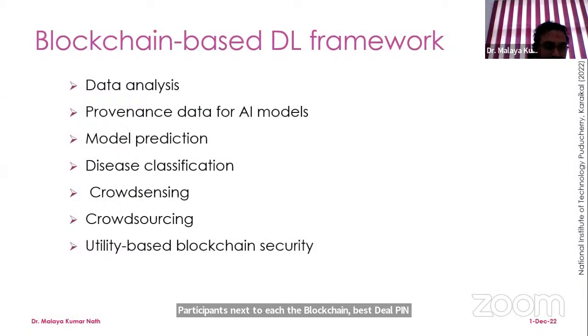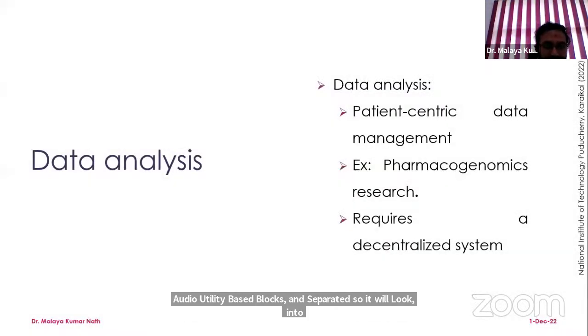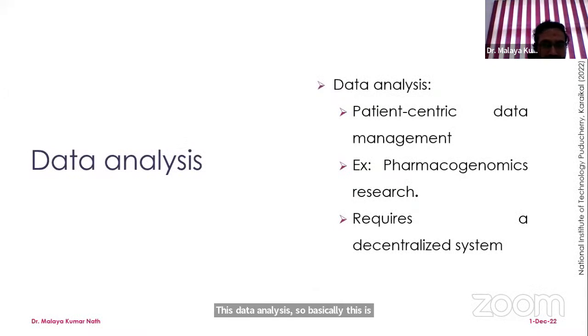Under this category, we'll talk about data analysis, provenance of data, AI models, model prediction, disease classification, crowdsensing, crowdsourcing, as well as utility-based blockchain security. If we look into this data analysis, basically this data analysis is patient-centric data management.